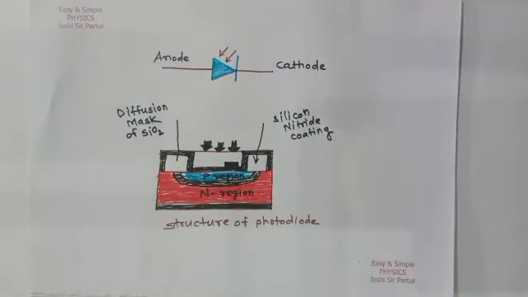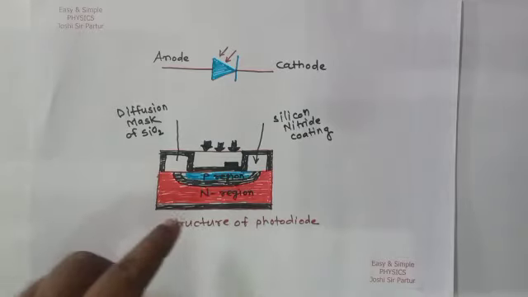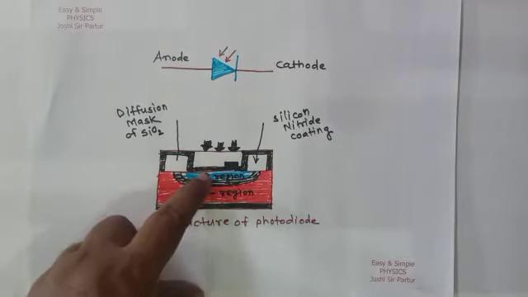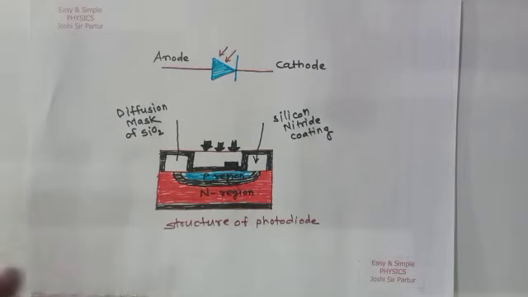So when light energy is incident, P and N regions are there, and this PN junction diode is placed inside the glass material so that only the junction of the photodiode is exposed to the light.